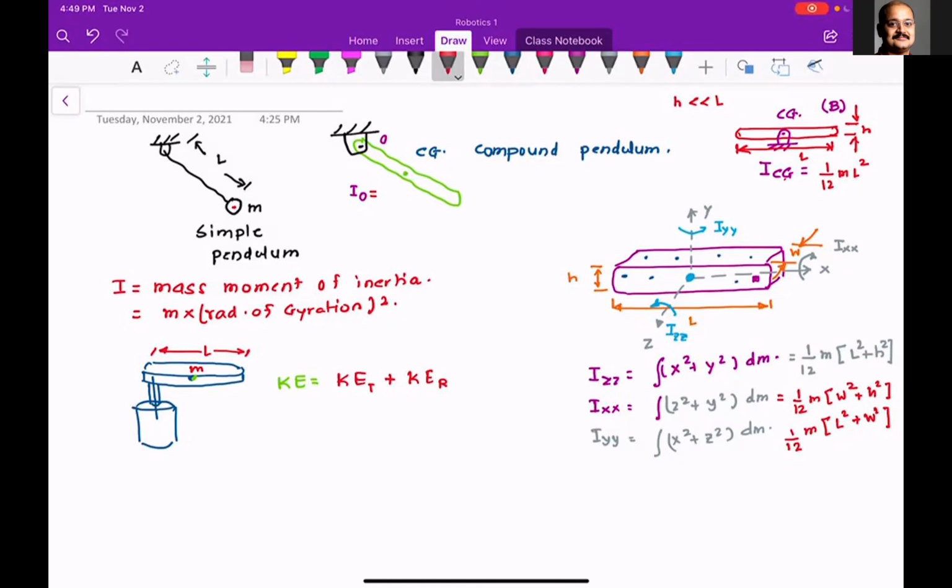Any questions here? So kinetic energy of translation, and there is kinetic energy of rotation. Kinetic energy of translation is nothing but 1/2 mv square. Kinetic energy of rotation, and this is super important, we will always write kinetic energies about CG. This will be 1/2 ICG multiplied by omega square. Everyone understood this?